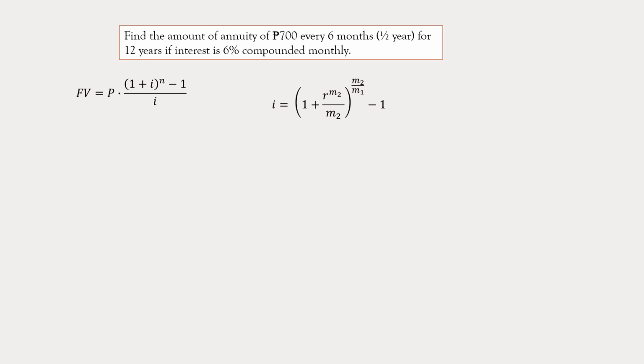So, let us solve the given problem, the last example, using the formula for the future value. So, let us find the amount of annuity of 700 pesos every 6 months for 12 years if interest is 6% compounded monthly. So, again, ang first step na ginagawa is to compute for I or yung interest rate niya.